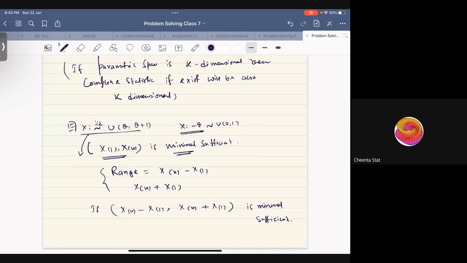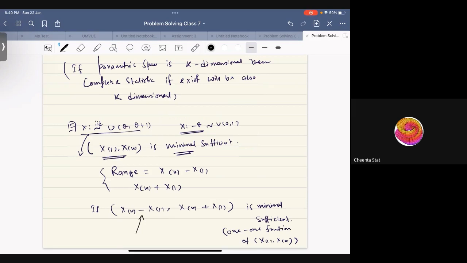A one-to-one function of x order 1 and x order n. Good. So can you observe, what is this thing? Can anyone see what x order n minus x order 1 is?